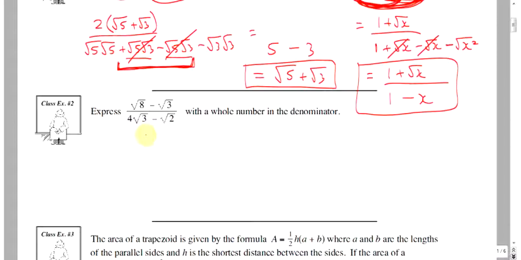Okay, I want to give you guys at least half an hour to work, so I'm not going to do this, but it's saying the same thing. If I rationalize the denominator, it's going to be a whole number, okay? How do I do that? What am I going to multiply this thing by? Just tell me that. I'm not going to do it, but what do I multiply it by?